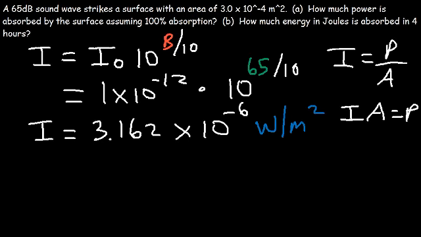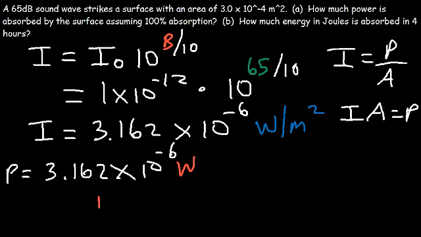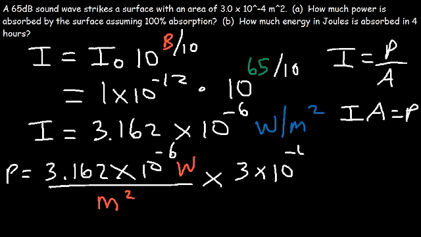So we're looking for the power in part A. So that's going to be the intensity, which has the units watts per square meter, multiplied by the area, which is in square meters.